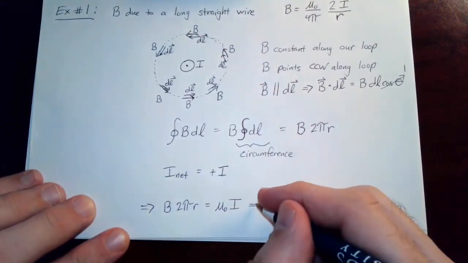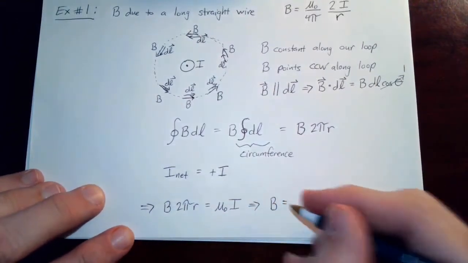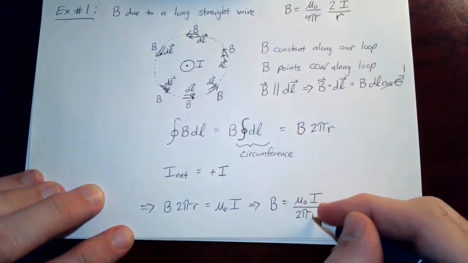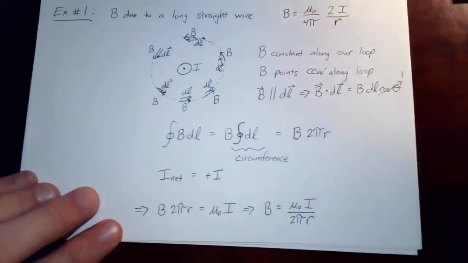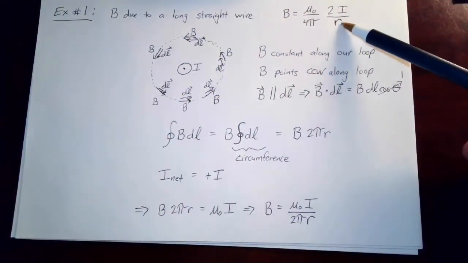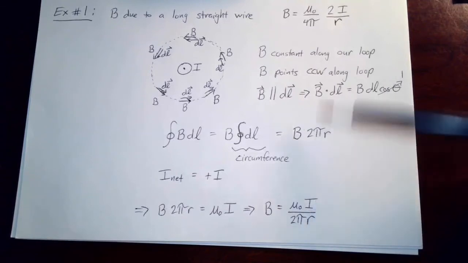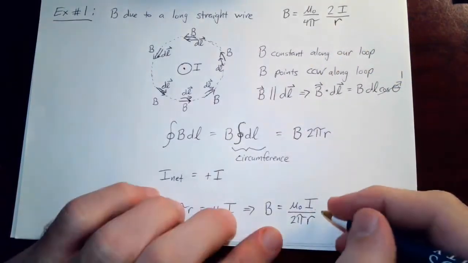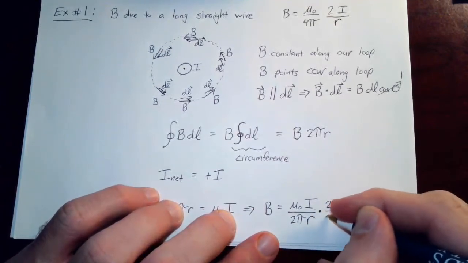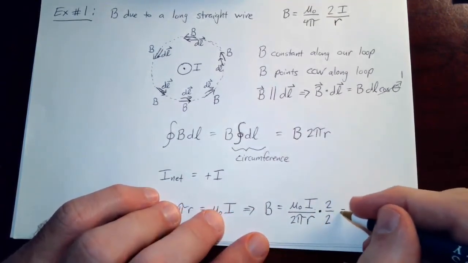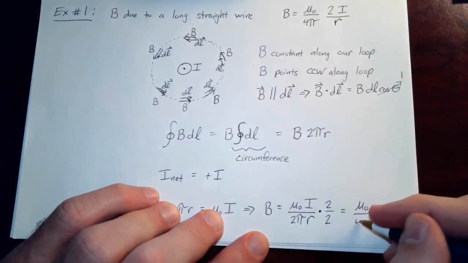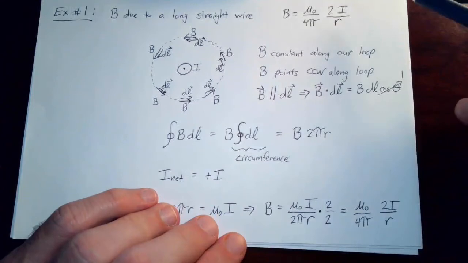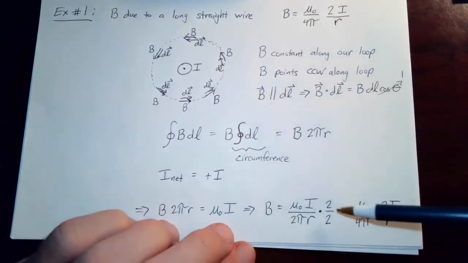All right, and then I'm going to solve this for B. And now if you compare that to the formula we were expecting, you can see that these are the same if I take this one and multiply it by 2 over 2, right? Which is not going to change anything because I'm just multiplying by 1. But if I multiply this by 2 over 2, then I get mu naught over 4 pi times 2I over r as expected.